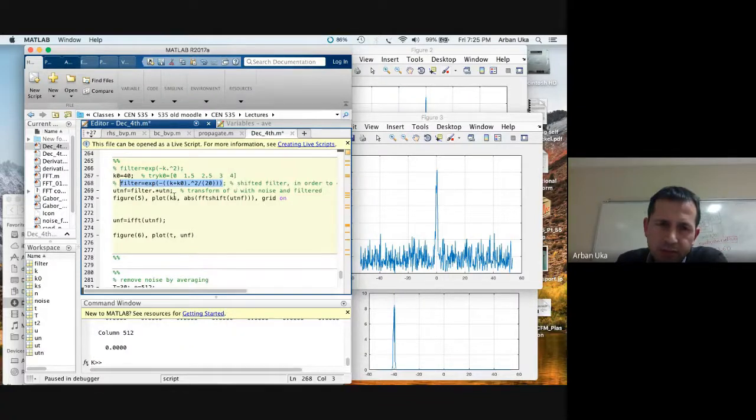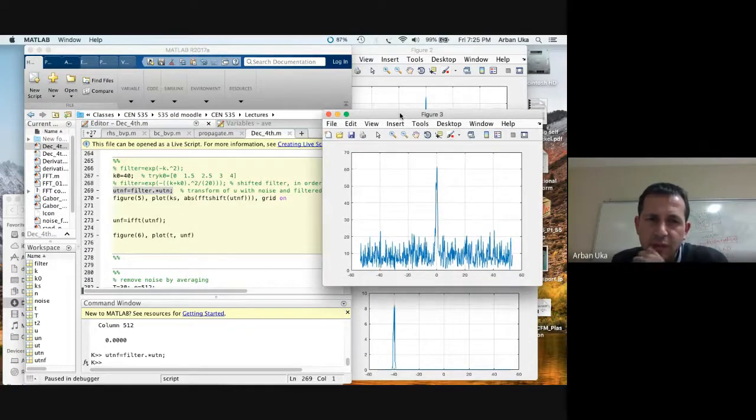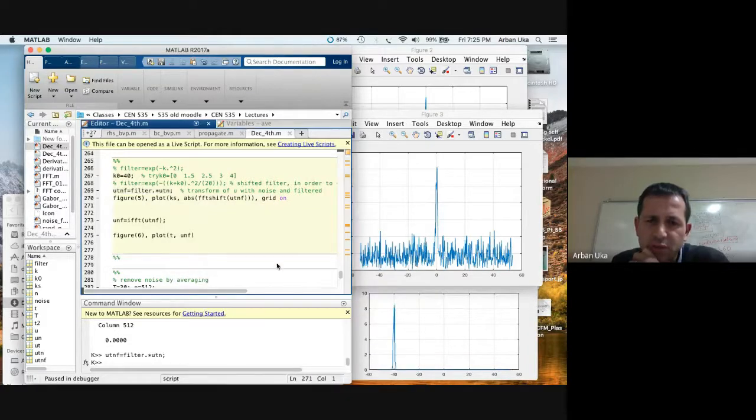Evaluate selection. We filter this one, this figure 3, with this filter, which is centered at 20, but a very large bandwidth.